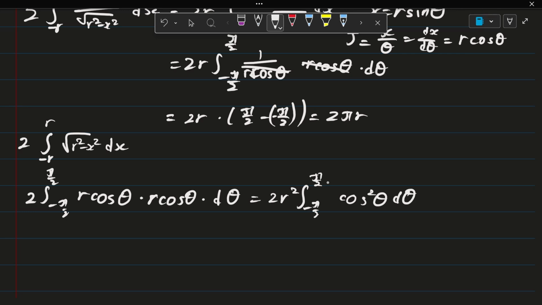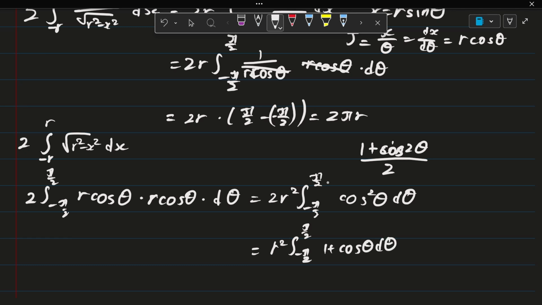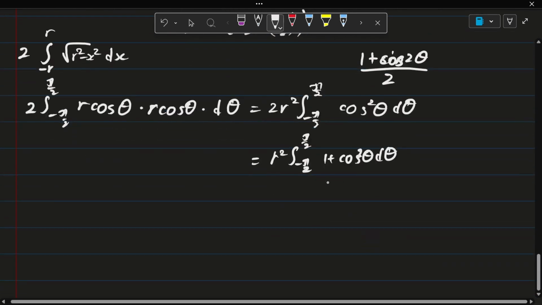Now, for those of you who are not really familiar, cosine squared theta is actually the same thing as 1 plus cosine 2 theta, over 2. So we could substitute that in. We would get r squared, integral from negative pi over 2 to pi over 2 of 1 plus cosine 2 theta, d theta.